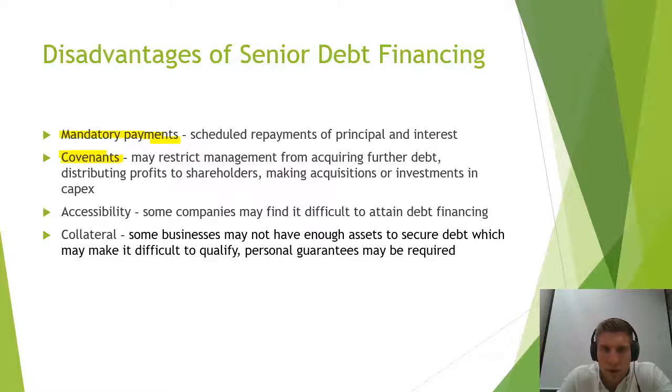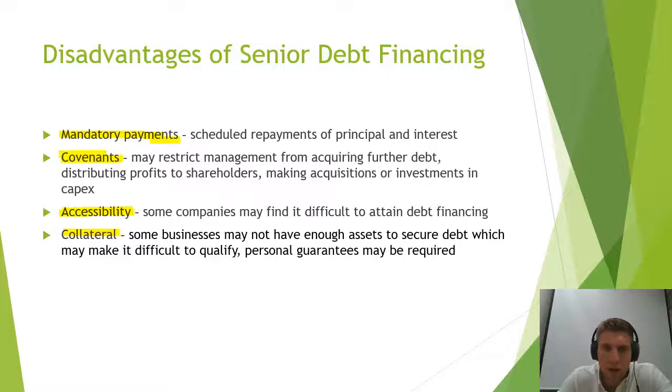The third bullet point down is accessibility. So some companies may find it difficult qualifying for senior debt for two reasons. First off, they have insufficient collateral, which we'll go over in the last bullet point. And secondly, some businesses may not meet the financial performance requirements required to qualify for senior debt. And we'll go into that in greater depth in another presentation.